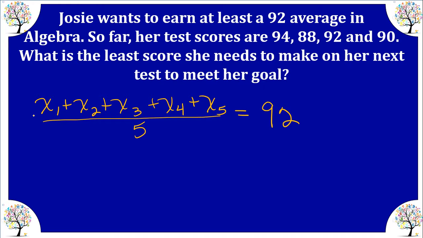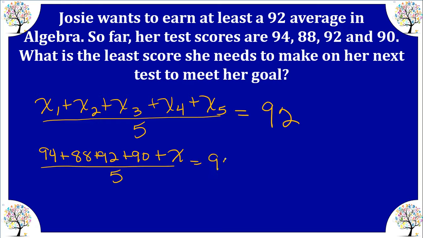So here's our formula. Now we're going to plug in: for her first test, she made a 94. Her second test, she made an 88. Her third test, she made a 92. And on her fourth test, she made a 90. And then she's going to take a fifth test. So we substituted everything in with what we have.